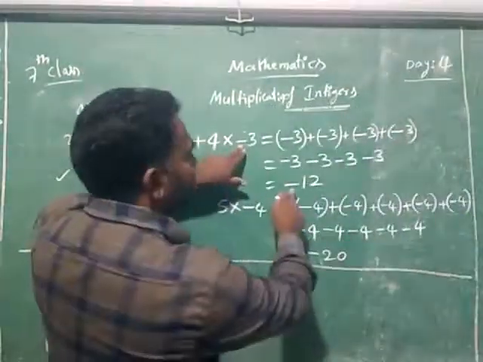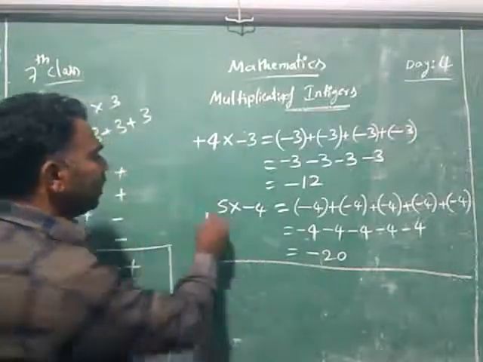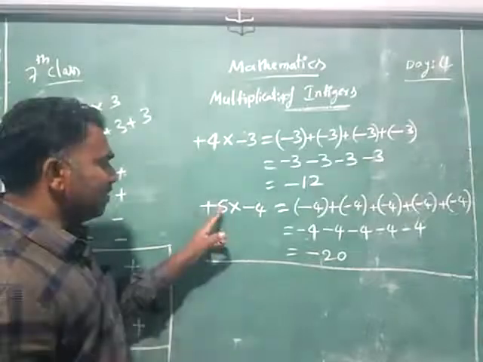Just remember this, write it in your notebook, then multiplications are very easy to understand. Plus into minus is minus, 4 3s are 12. Very easy. Here it is plus, nothing is there, that's why plus.